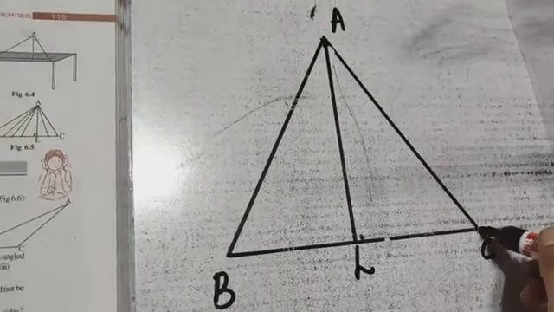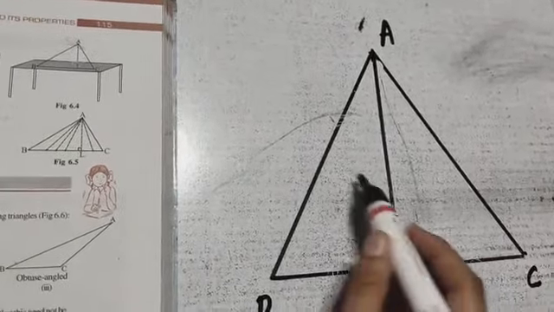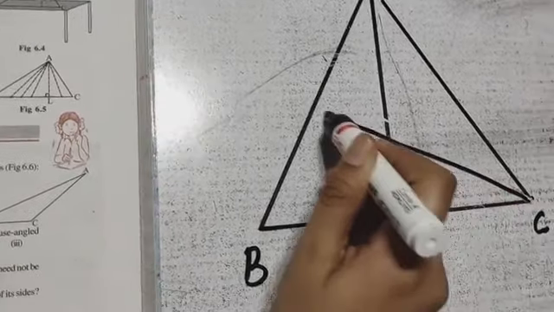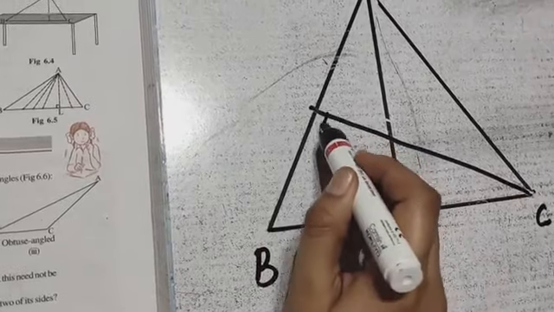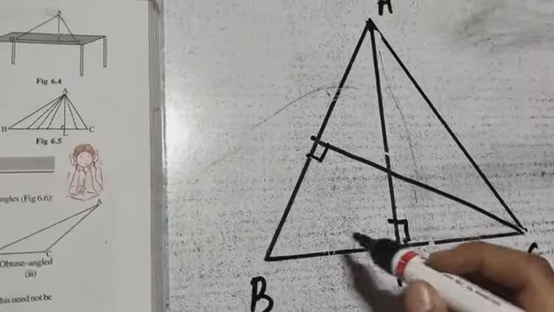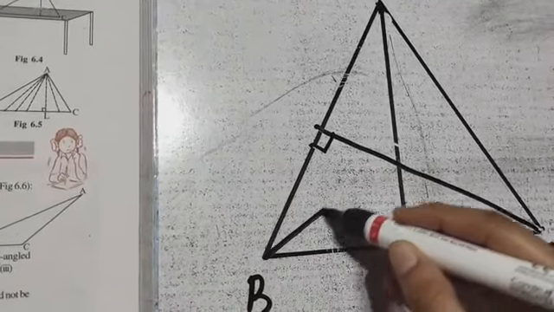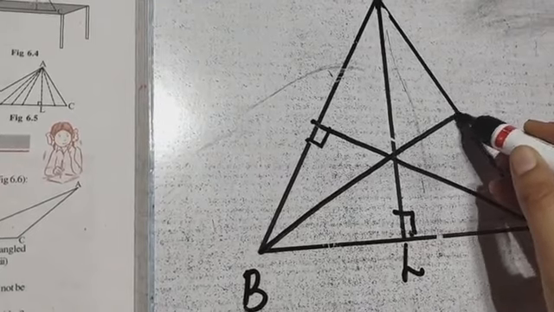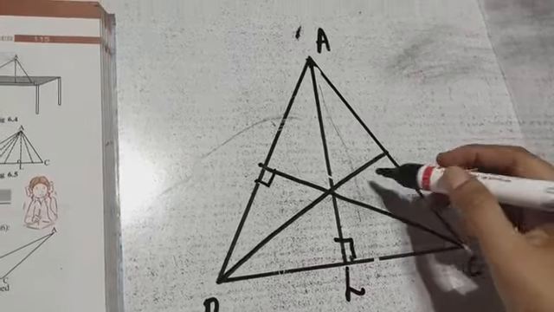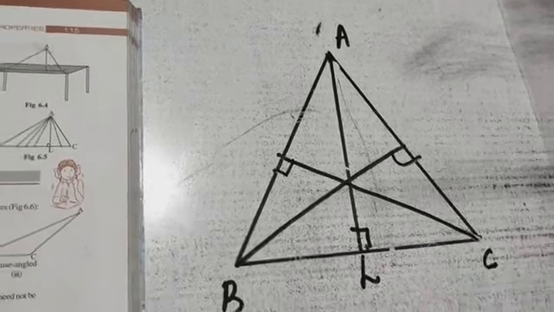The other can be drawn from C to this line. This will also be 90 degrees. And from here to this line AC, this is also an altitude.